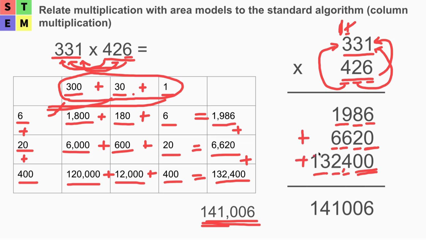The next step is to add them together. We add this number, with this number, and with this number here.